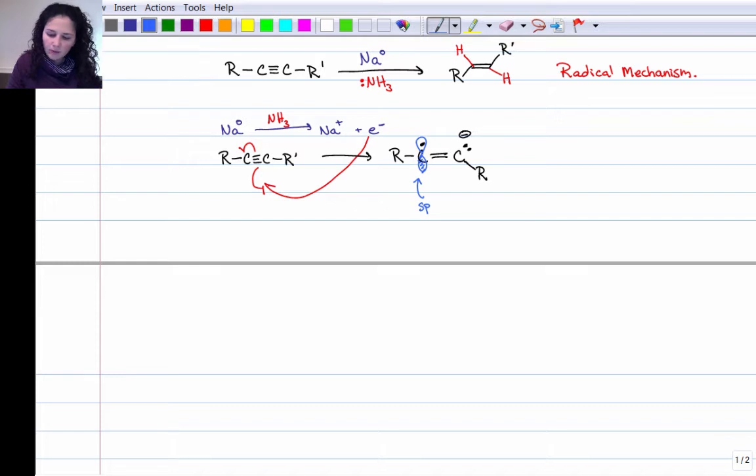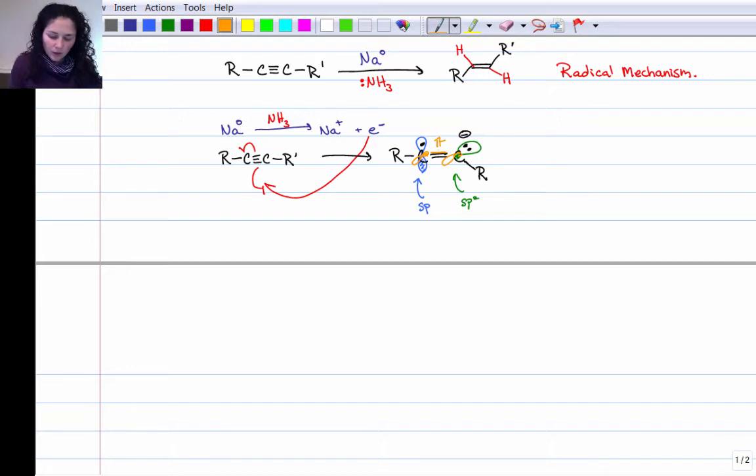And then the carbon with the anion on it is actually sp2 hybridized because its lone pair of electrons is in a hybridized orbital. And then there's that last p orbital, which I'll draw kind of in and out of the plane of the paper here, which is making the pi bond, right? So it's making that pi bond.